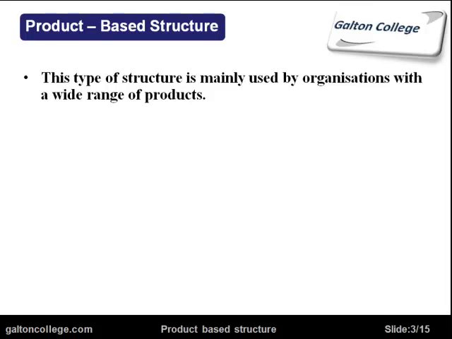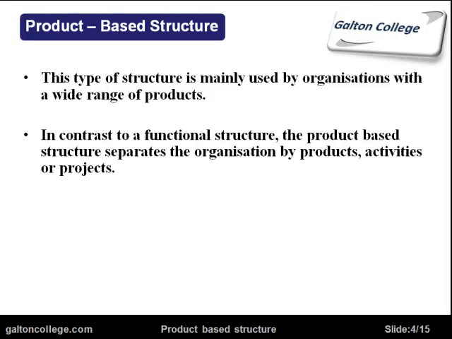This type of structure is mainly used by organizations with a wide range of products, mostly because it doesn't want to get production mixed up or confused. So it has a range of organizational structures that it uses, and it assigns products to those and produces them separately.